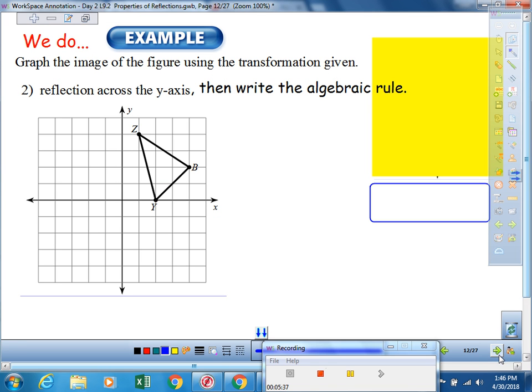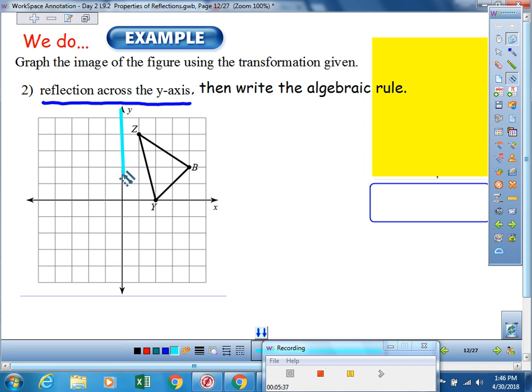All right. So you have this one on your note sheet, right? So turn it back to the front. On the top of the graph, I want you to write reflection across the y-axis. And then with your highlighter, if you don't have a highlighter, you can darken it with your pencil.